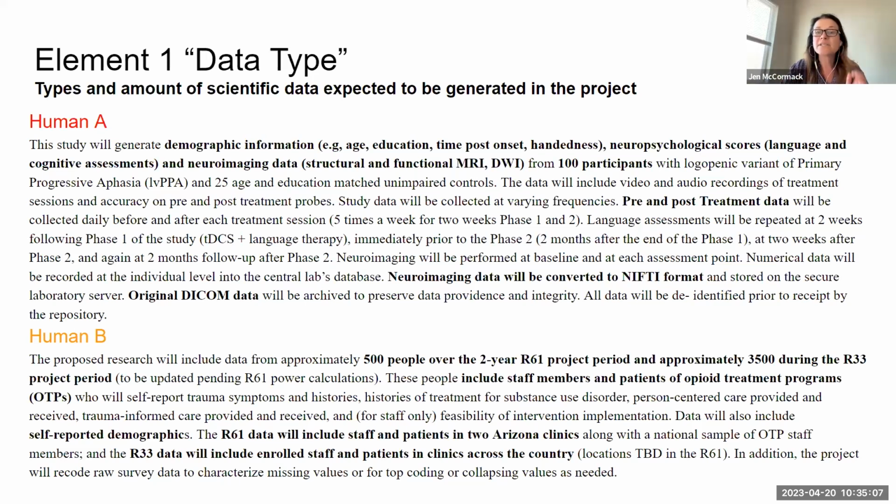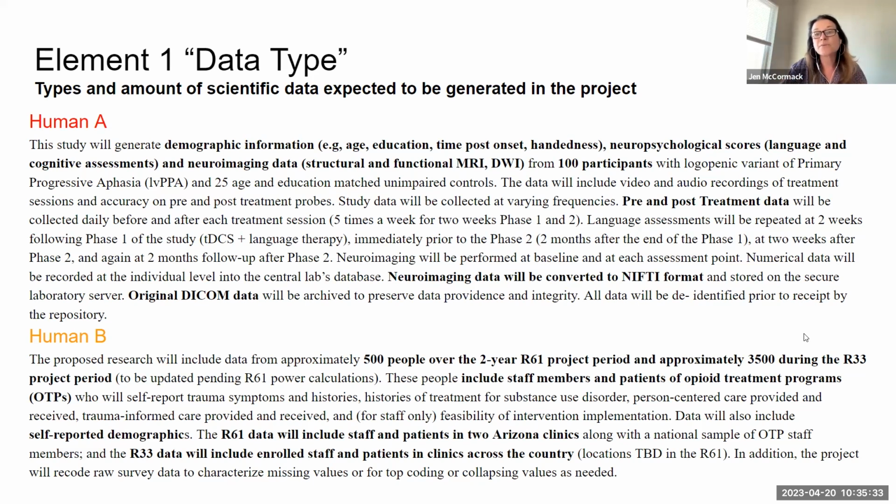They included elements of what the pre and post-treatment data would be, how it was going to be collected, then when it was going to be converted into different formattings, and sort of the time element with these data conversions. Human B is again our R33, R61, where we're actually dealing with human participants who are clinic patients. So we're talking about actual clinical staff.